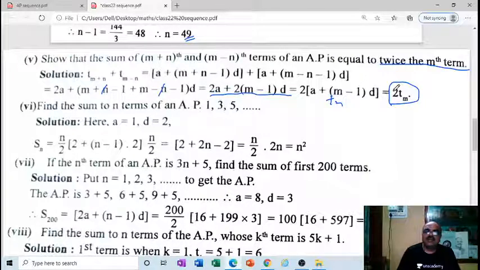Find the sum to n terms of the AP 1, 3, 5, etc. Here a equal to 1 and d equal to 2.